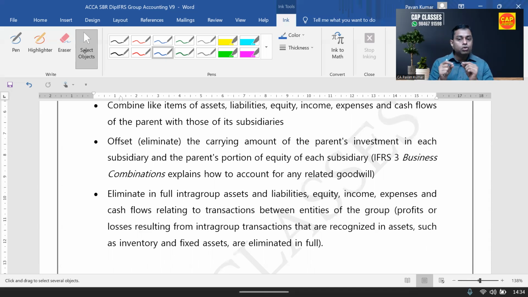So I'll give you one to two minutes of time. I'll just shut my mouth. All of you read these three bullet points once again. Try to understand it. Then I will tell you what it is.